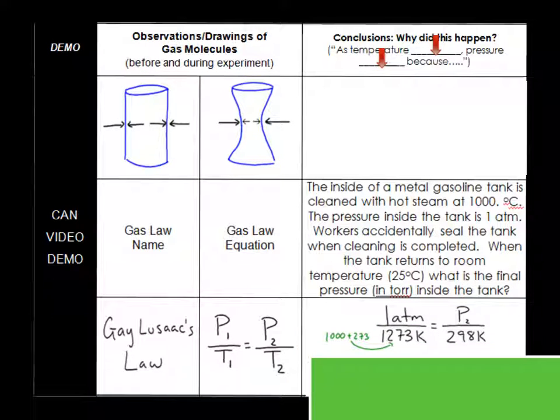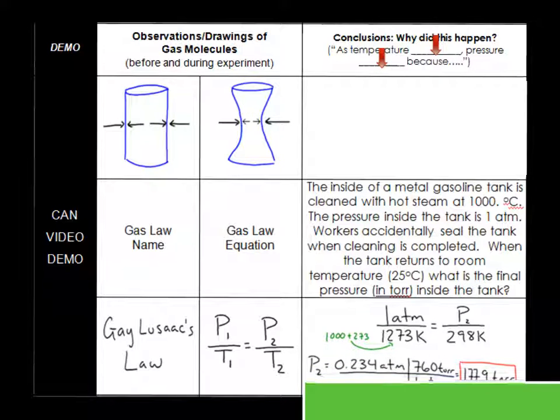Okay, so now we're back. We had initial pressure, we said, of 1 atmosphere. We converted our Celsius to Kelvin, so we have 1,273 Kelvin initially, and then 298 Kelvin to end with. So we took 1 times 298 and divided by 1,273 Kelvin, giving us a pressure of 0.234 atmospheres.